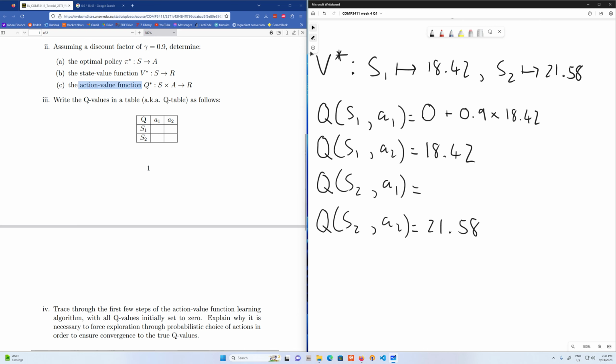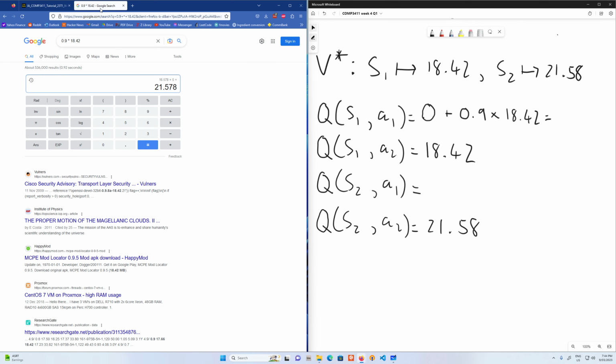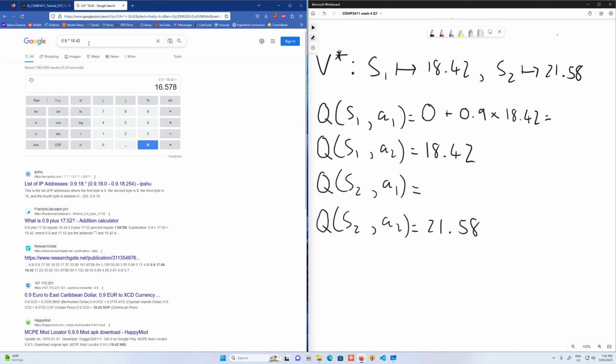Now I'll just quickly do the calculation for this one. 0.9 times 18.42, so that will be approximately 16.58. And similarly down here for the state 2 action 1 Q value, the agent will get a reward of 1 to start with.